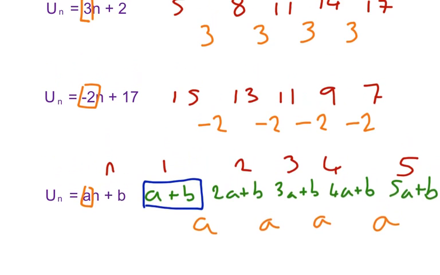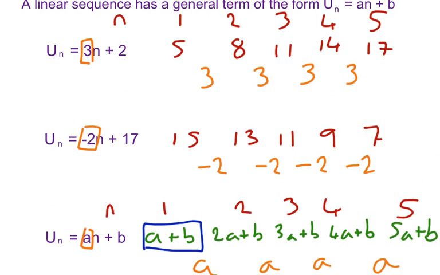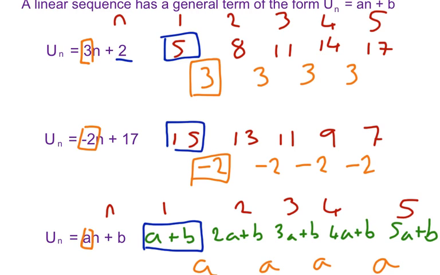So once again, if we look back at these two up here, once we'd worked out 3 was a, we know that 3 plus b equals 5, so b must be 2. Once we've worked out minus 2, we know that minus 2 plus b must be 15, so b must be 17.